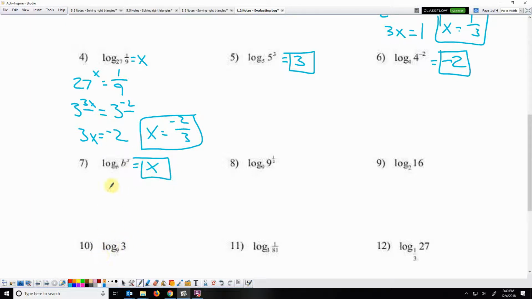Now if I had written this in exponent form, I would have b to the x equals b to the x. So it's the x power that raises b to make b to the x.